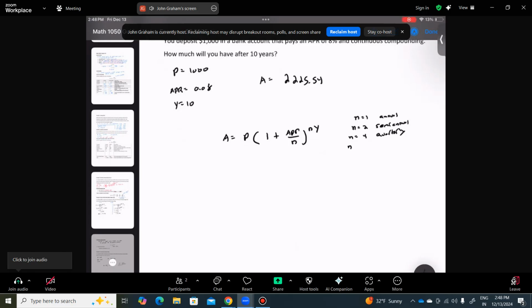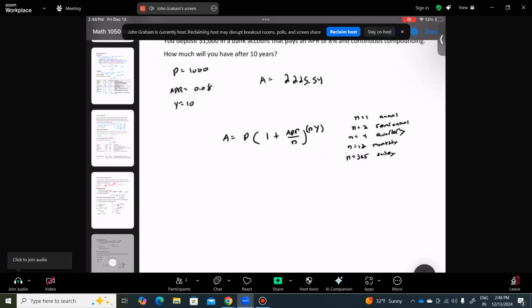N equals 12 is monthly. N equals 365 is daily. Those are the common ones. Then the other thing is when you plug it into the calculator, you may want to put parentheses around the NY as your exponent. That way it makes sure that if you type it in, say it's N equals 12 and Y equals 2, you can either do it to the 24th power or you do it to 2 times 12, but you gotta make sure that your parentheses are on the 2 times 12.